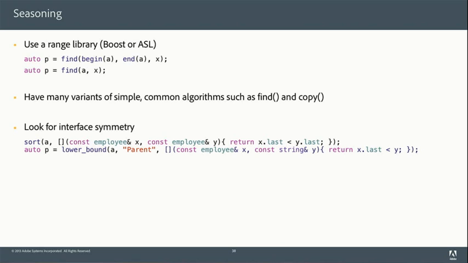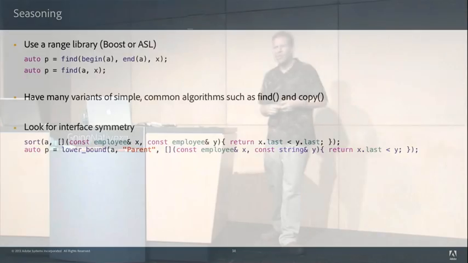When they're written subtly different, maybe I want to organize my employees in ascending order instead of descending order. So I'll swap my comparison in sort, and that's going to break my lower bound. And I might not see it.